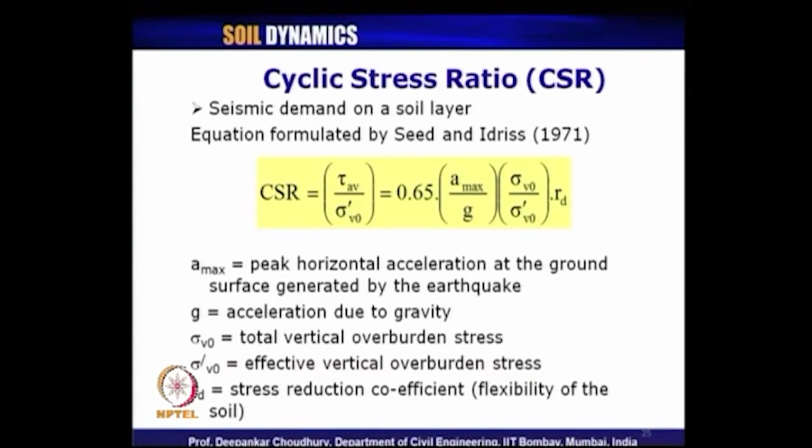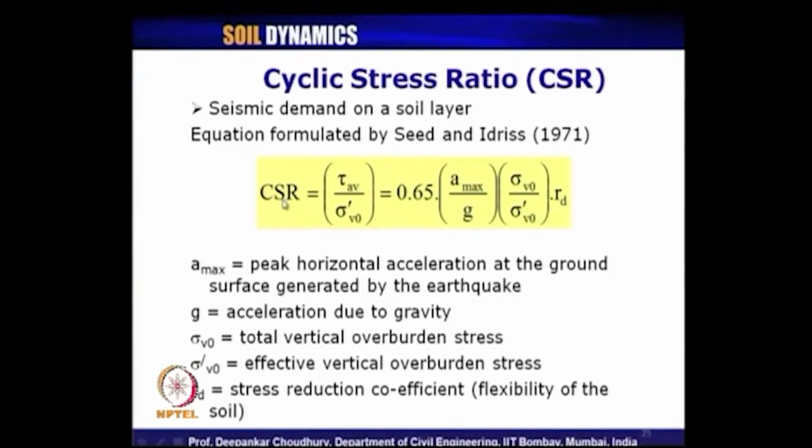They considered the soil column as a rigid beam and then developed this expression. Now, this correction factor has been applied to consider the flexibility of the soil. So, that is why this correction factor R d has come into the picture. This is also a number only, no unit.